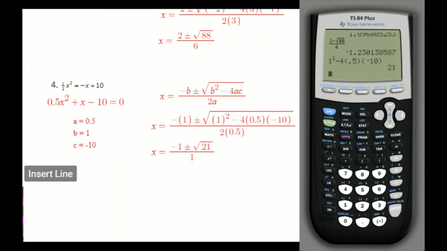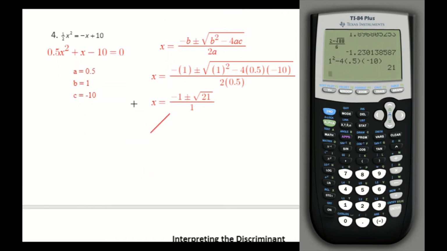Now it's time to separate them, and looks like I got enough room here that I can squeeze this on here. Scroll up a little bit just to make sure I don't run out of room. I'm going to split this up because I have a plus and a minus, and everything else is simplified.